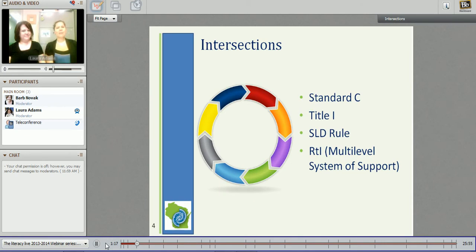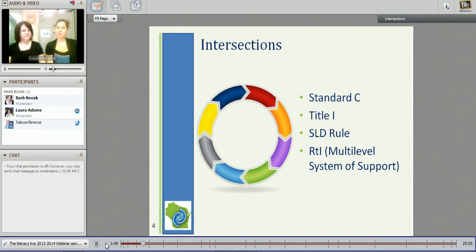So when we're talking about identifying students who are in need of reading interventions, there are a lot of different intersections. So our selection of students really takes a lot of programs and statutory requirements into consideration. So first of all, we have Standard C, the administrative rule, which specifies which students need to be provided with reading interventions.